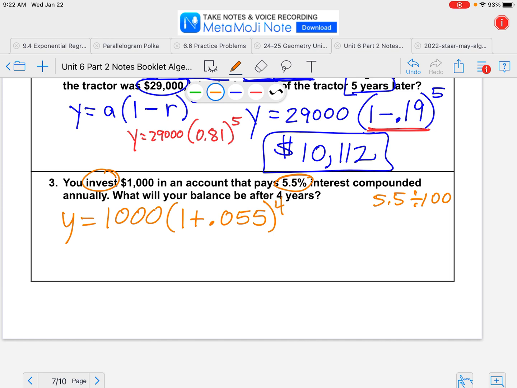Okay, it does this every year. You accumulate interest every year for 4 years. So you do the exponent of 4. And after 4 years, you have $1,238.82 in your account. And yes, I want the bank to give me my cents.